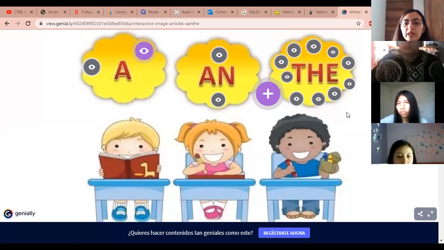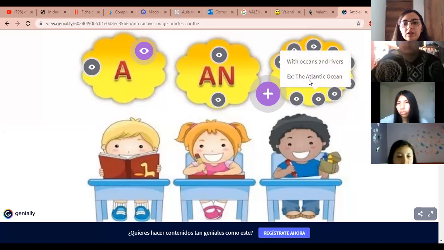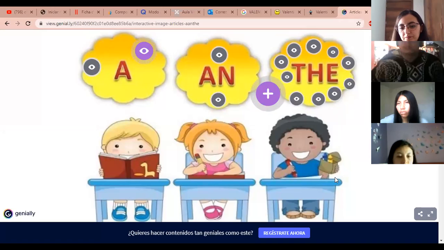For example, what happened with the moon, the sun, or the stars? When else do you use this article the? It refers to something that I know.